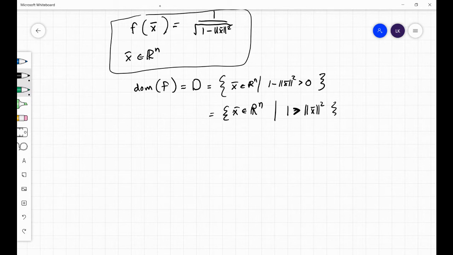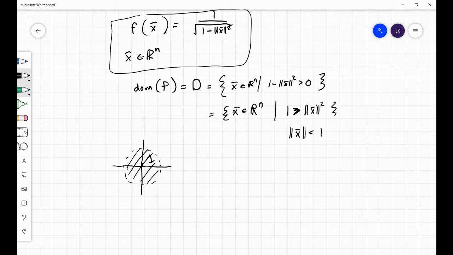So here we would have the domain being an open ball of radius 1, because the domain is just all points in space or the plane or whatever dimension you're working with, where the magnitude, or the distance to the origin, is less than 1.